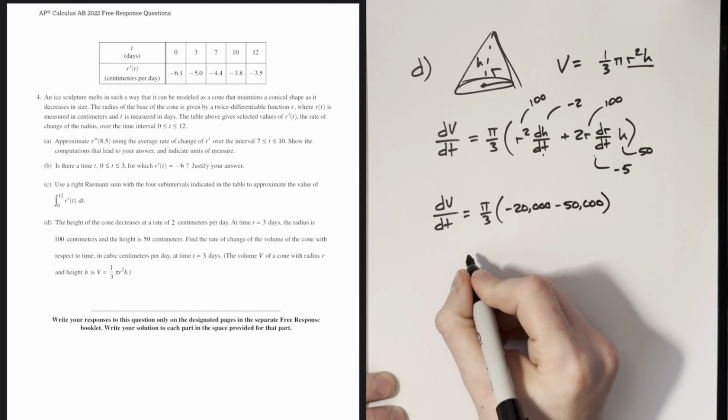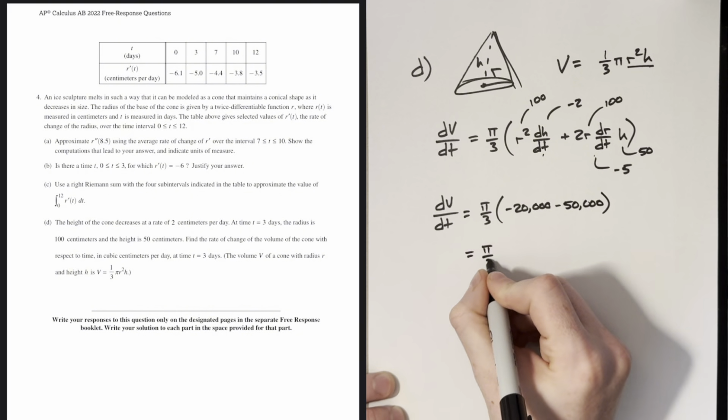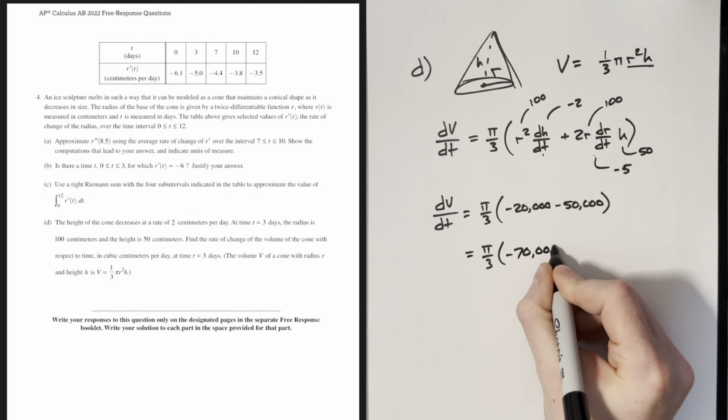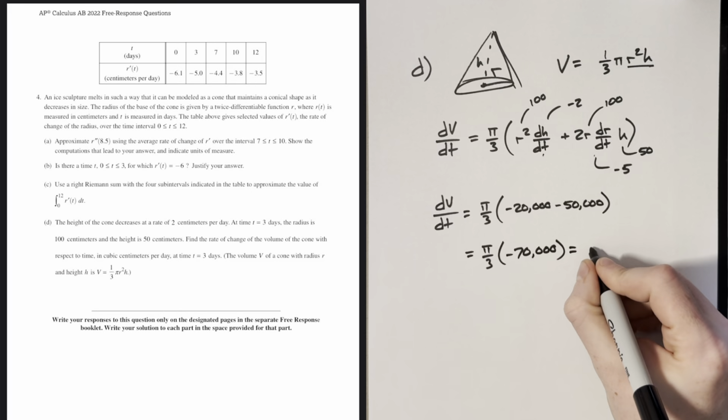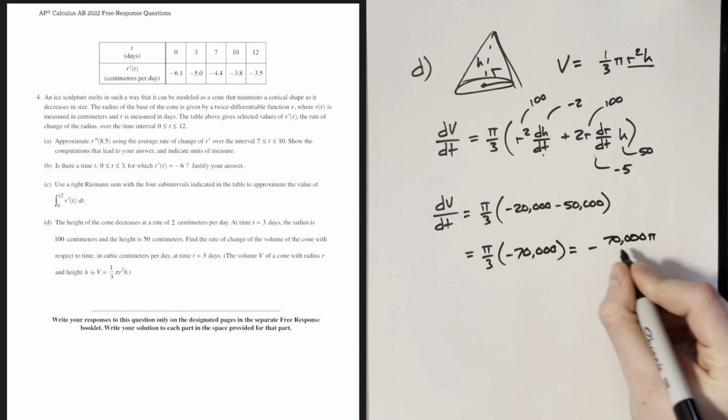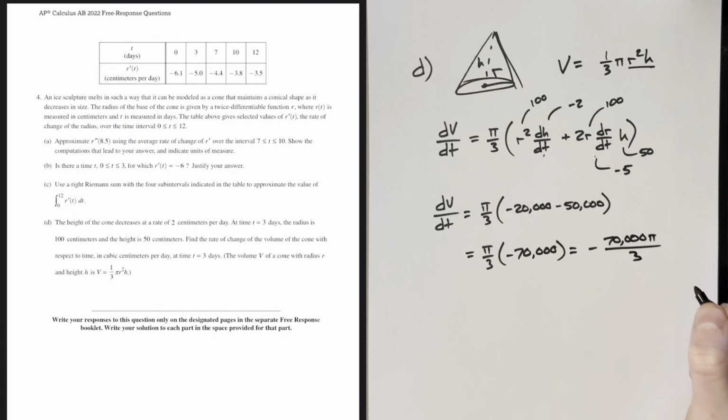So I subtract those together. It's equal to pi over 3 times -70,000, which is -70,000 pi divided by 3.